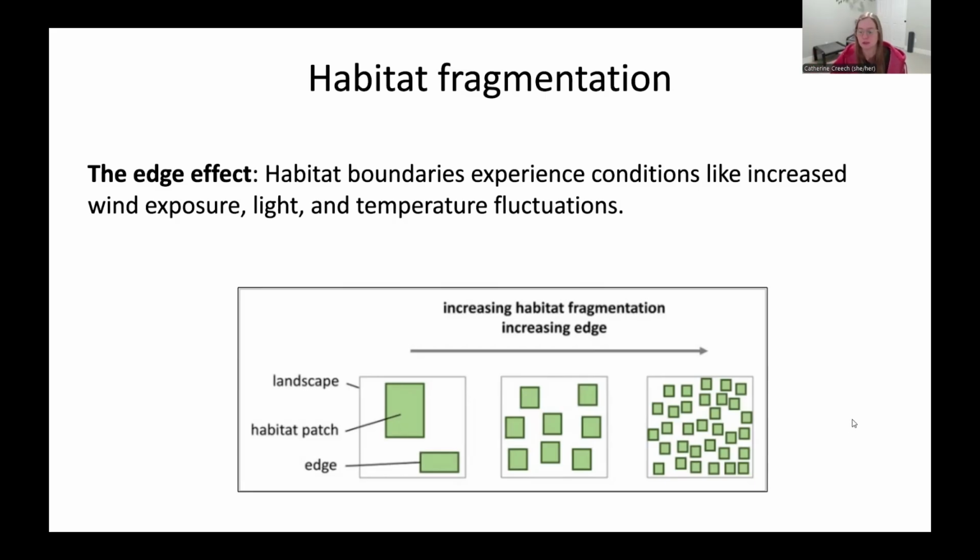We've talked about volume to surface area in cell biology, but that increases the outside of the habitat compared to the inside of the habitat. That means there's more wind, there's more light exposure, there's more temperature fluctuations, there's less protective area inside each of these patches because there's more edge.